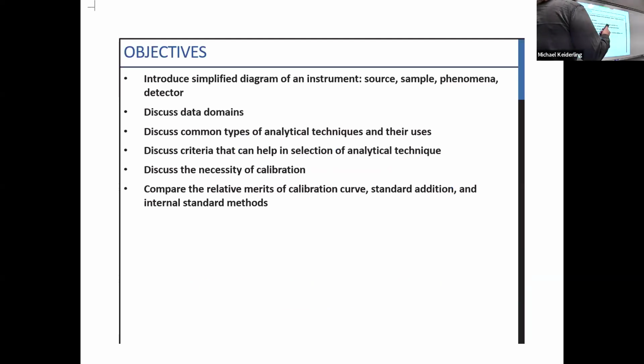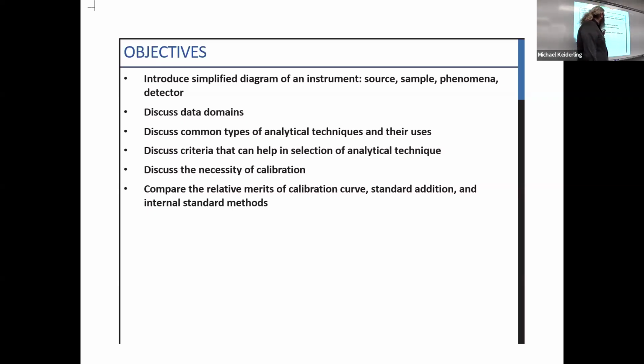So this is chapter 1 in the textbook. We'll talk about the general principle of an instrument. We'll discuss data domains, common types of analytical techniques and their uses, the criteria that can help in your selection of analytical technique, the importance and necessity of calibration, and the relative merits of calibration curves, standard addition, and internal standard methods.